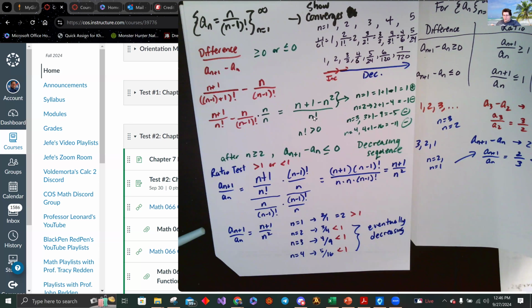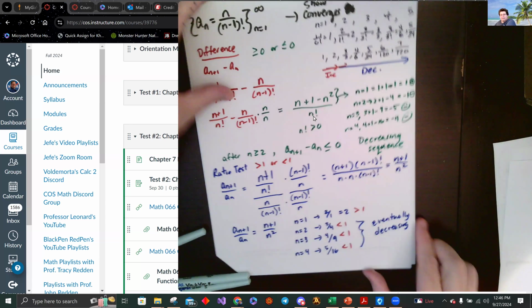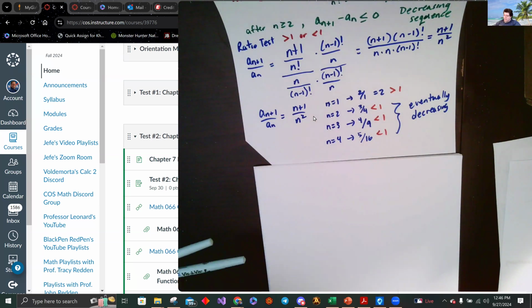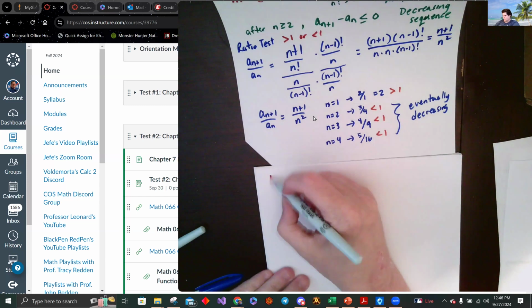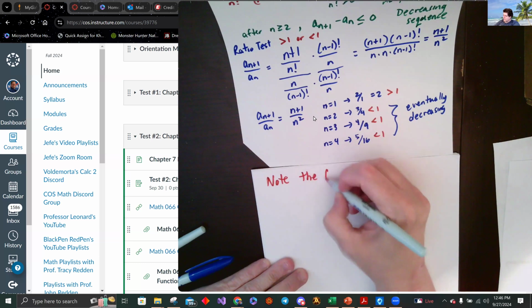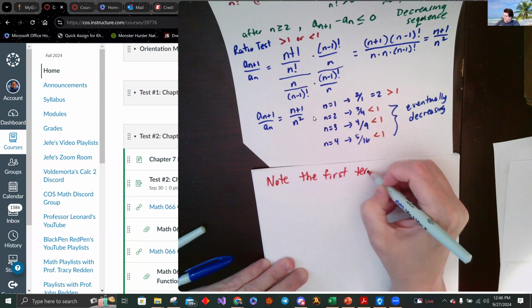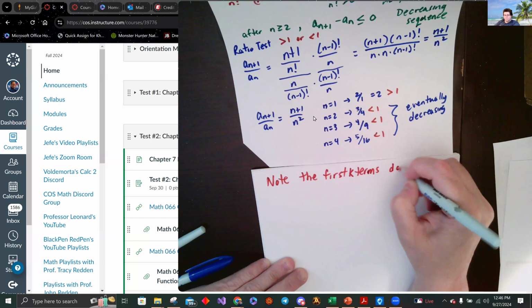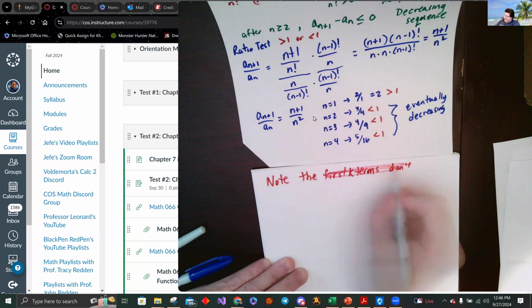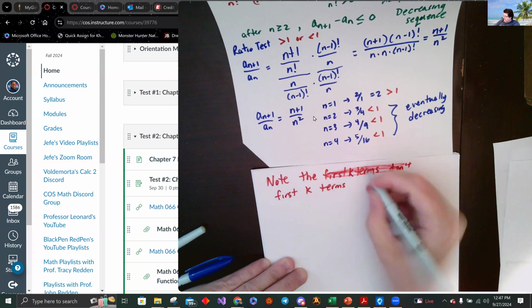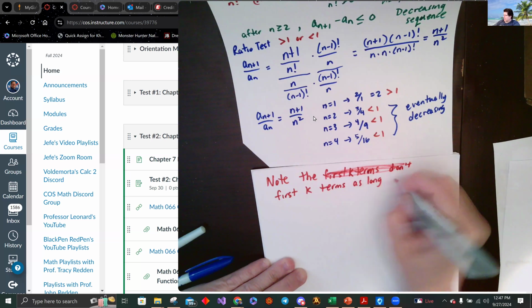And it's important to note that the first few terms of n don't matter. The first k terms don't matter as long as it follows a pattern after k.